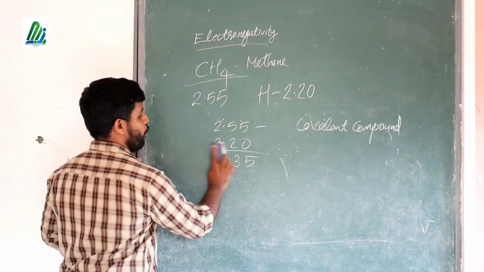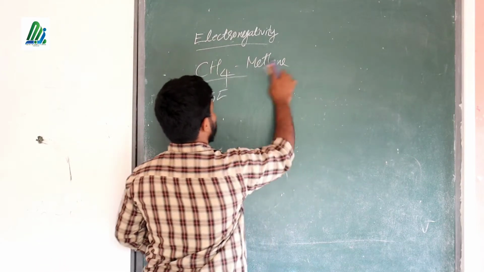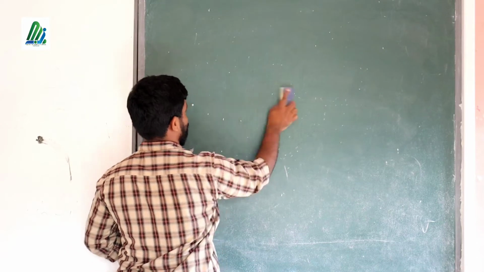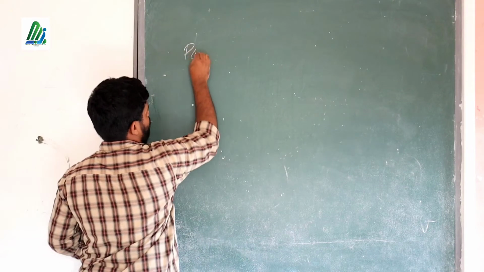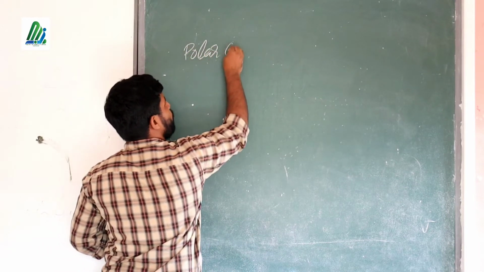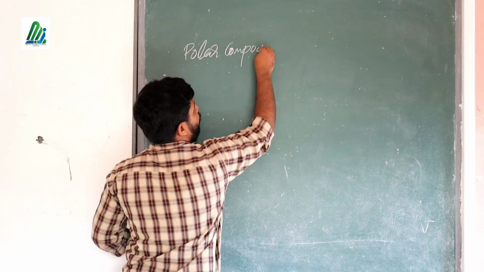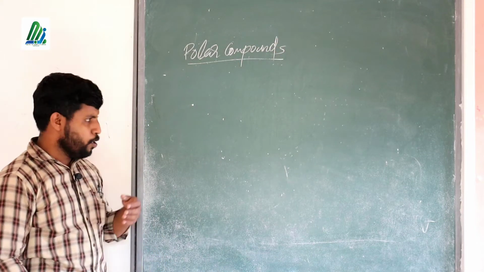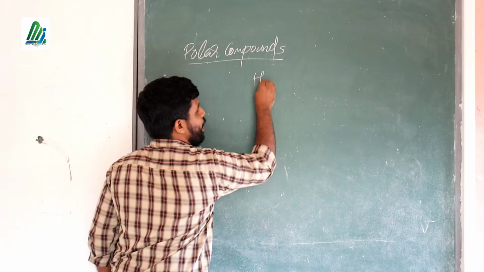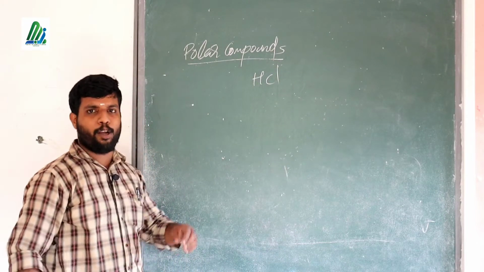Next topic we are going to discuss here is related with the polar nature, or polar covalent compounds, or polar compounds. What is polar compounds? So look at that. We know that HCl is a compound that is formed by covalent bonding.